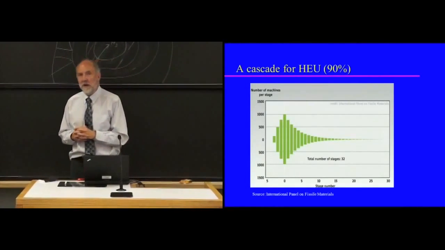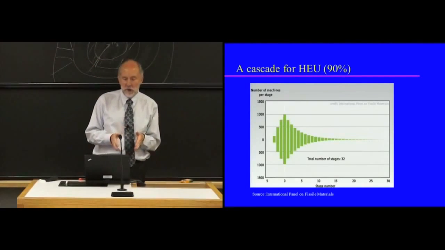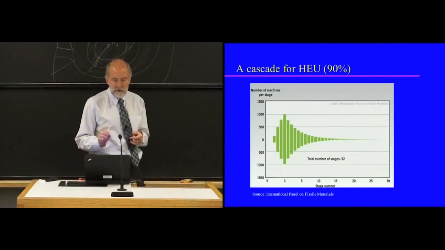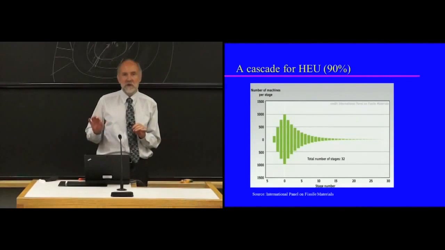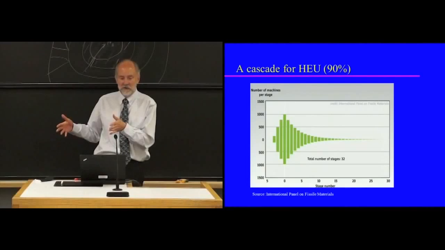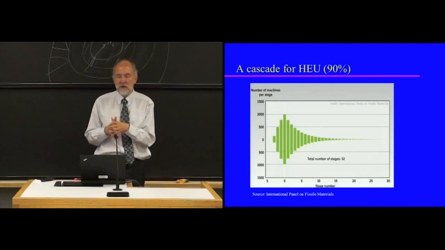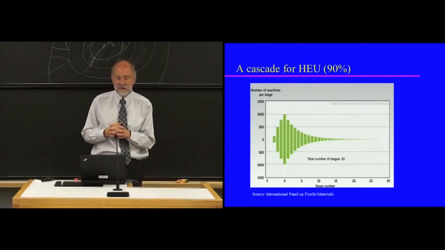So if you want to make highly enriched uranium, you need a lot of stages where you have smaller and smaller numbers of separating units at each of those stages as you get toward more and more enriched material.